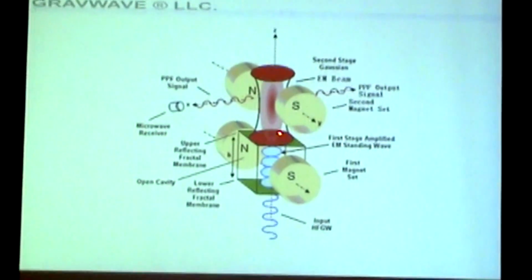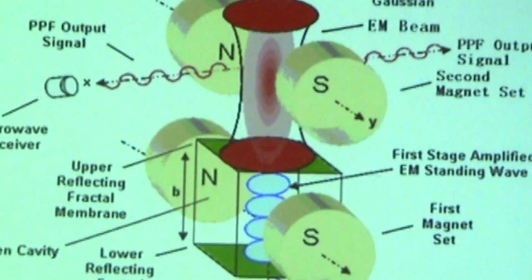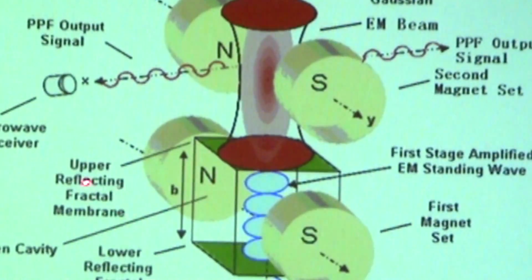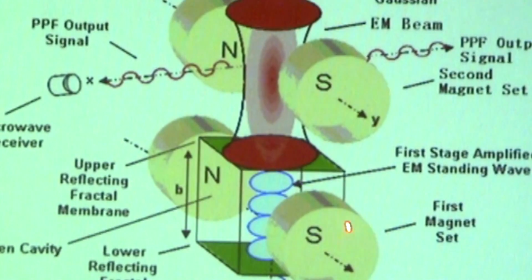But in any event, another one they're looking at, and let me go back to the other picture. They're looking at just this Gaussian beam here, with none of the amplification of this cavity, and a strong electromagnetic beam, a microwave beam of 10 gigahertz, going through here.